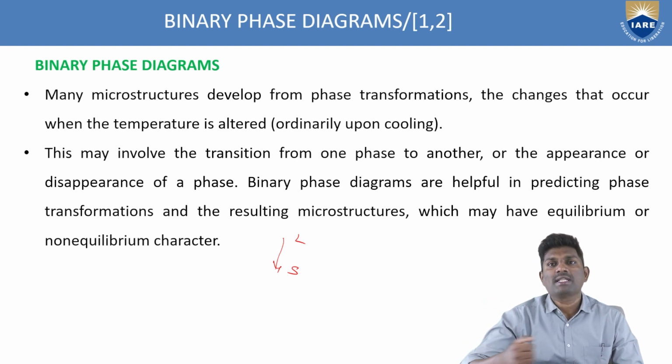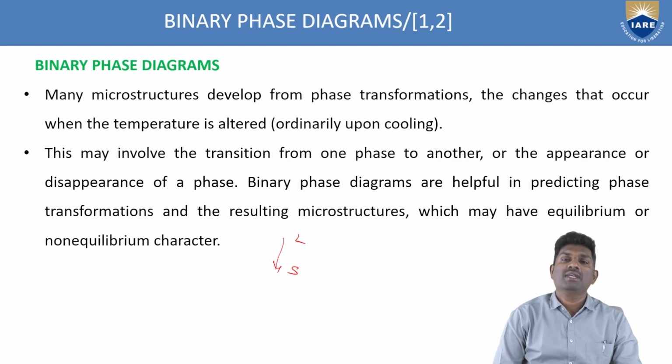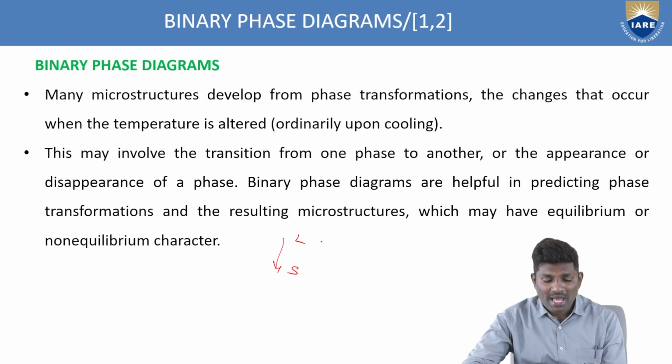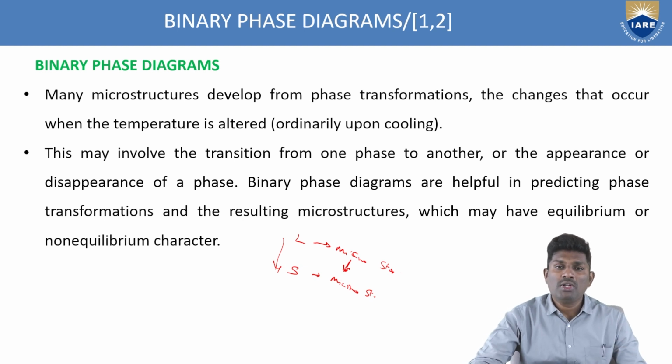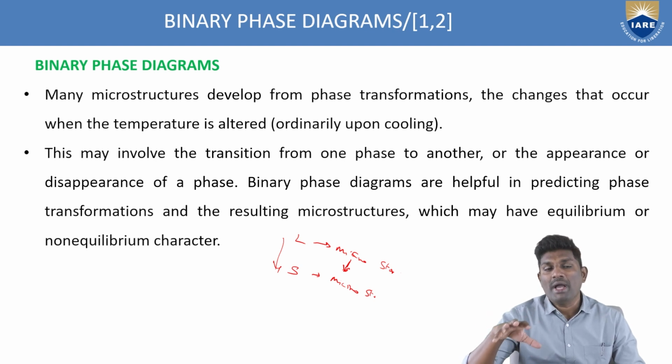So the binary phase diagram helps in predicting the phase transformation and resulting microstructure. You have different microstructure in this case, and also in this case. So in the journey from the liquid to solid you also have different types of structures. That's why the temperature is very, very important in identifying the microstructure of any given material.